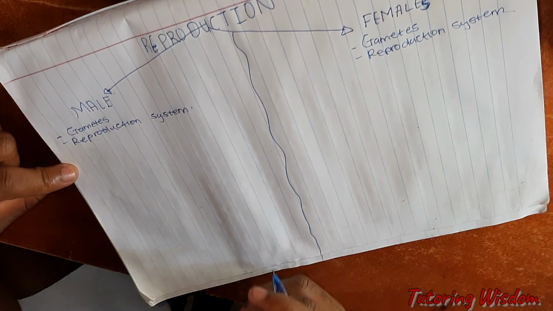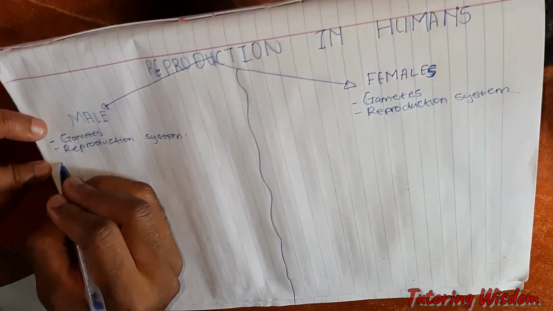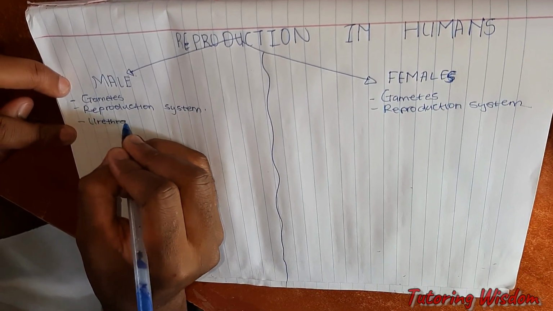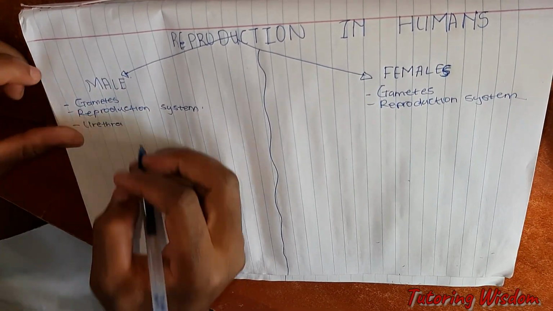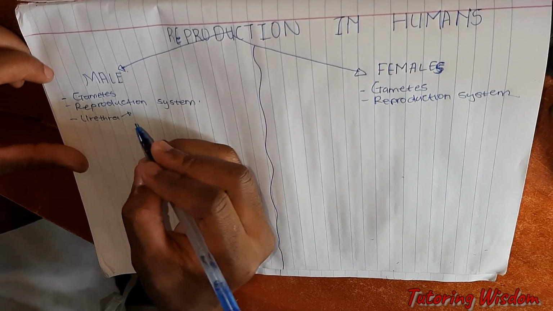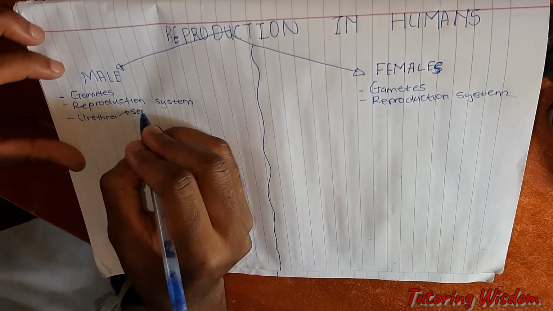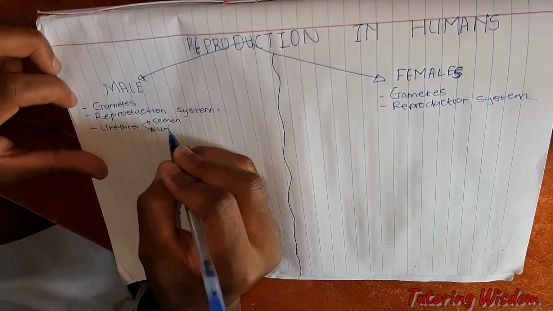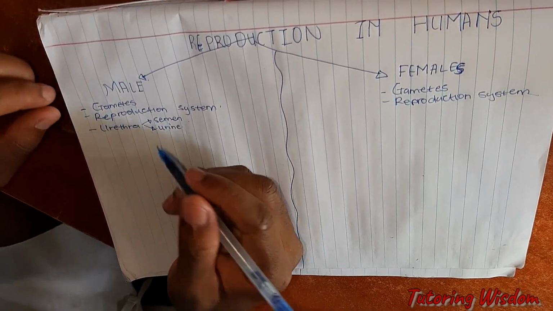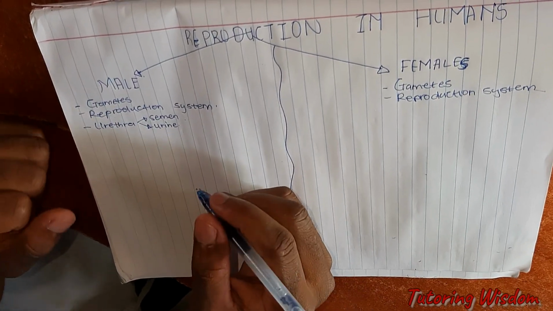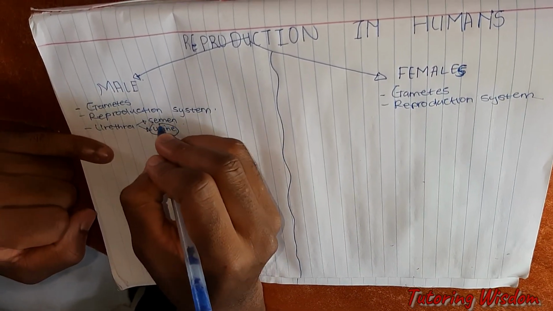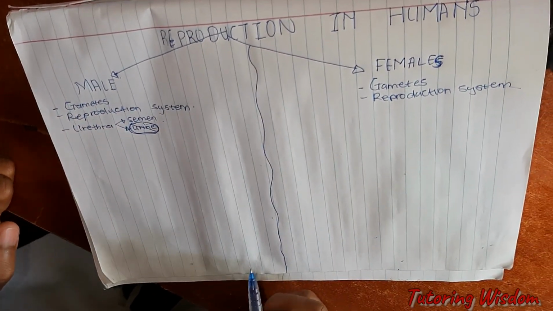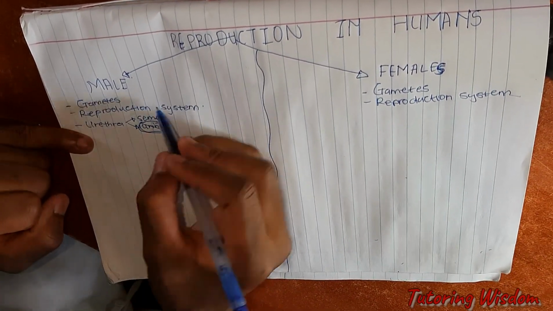With the male reproduction system, we have our urethra, an important part of that system. The urethra transports semen and urine out of the male reproduction system. The key aspect for reproduction in this part is semen.